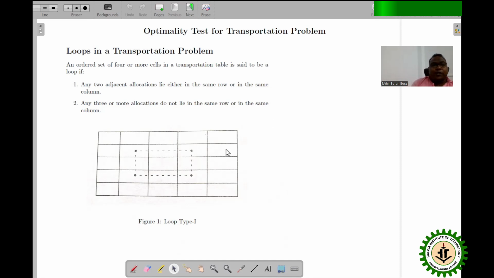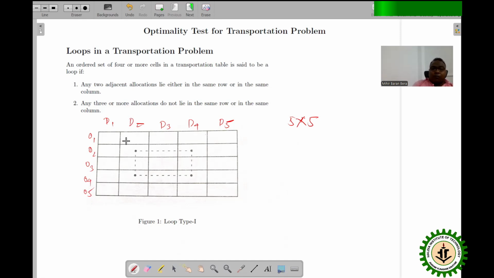Basically, here you can see origin 1, origin 2, origin 3, origin 4, origin 5. These are destinations 1, 2, 3, 4, and D5. So basically, this is a 5 cross 5 order matrix.